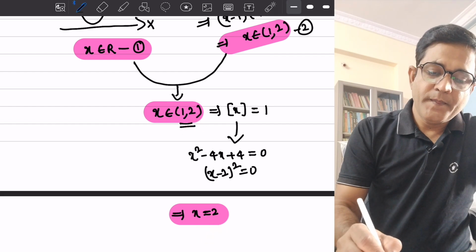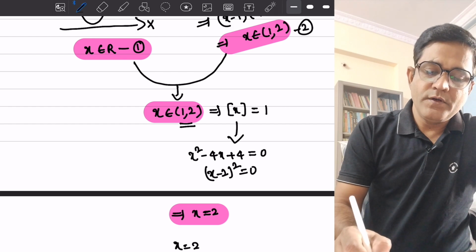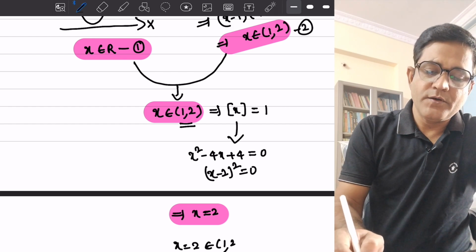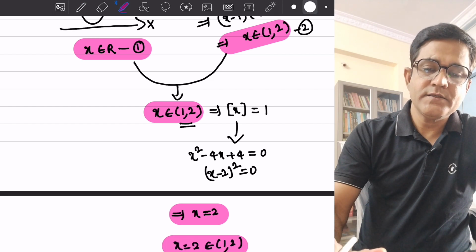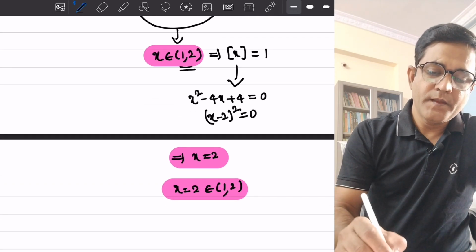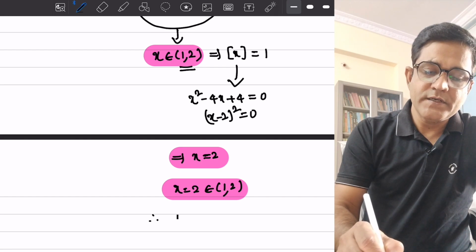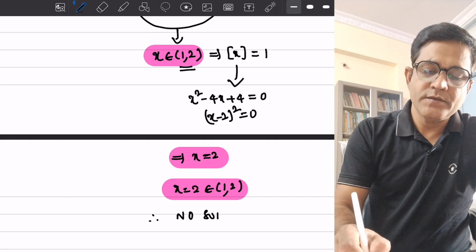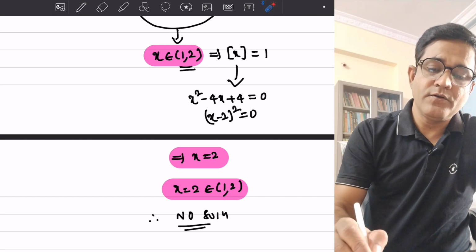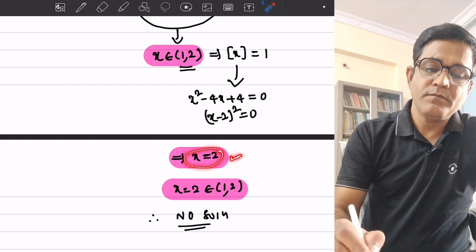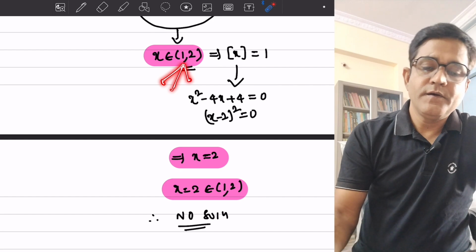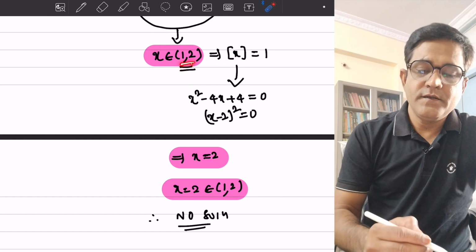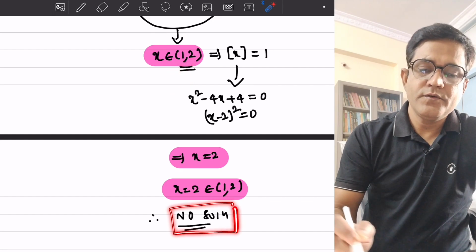As x = 2 does not belong to (1, 2), this implies the equation has no solution. Therefore the given equation has no solution, because we got x = 2, but this is not an answer, since x = 2 does not belong to this range of x.